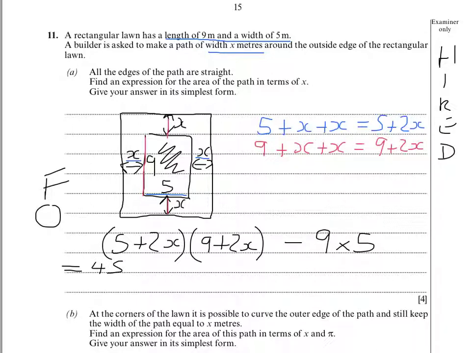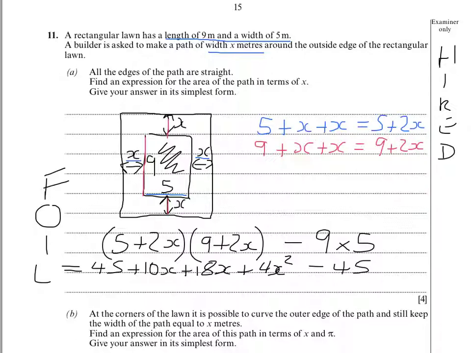Then our outers, so that's 5 times 2x, which is 10x. Our inners, which is 2x times 9, which is 18x. And our lasts, which is 2x times 2x, which is 4x squared. And then we're going to take away that 9 times 5, which is 45.